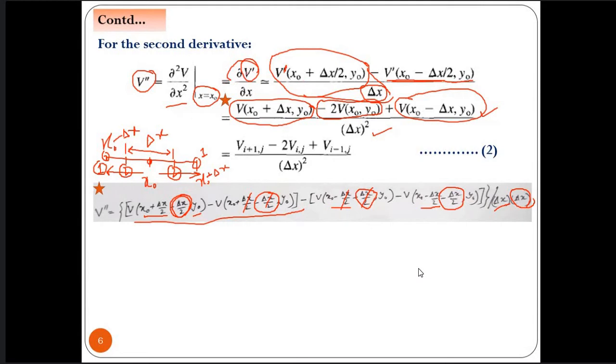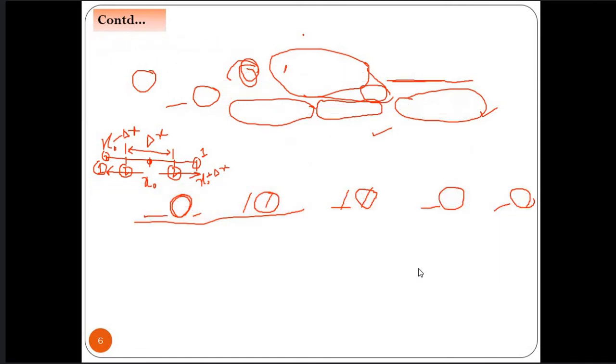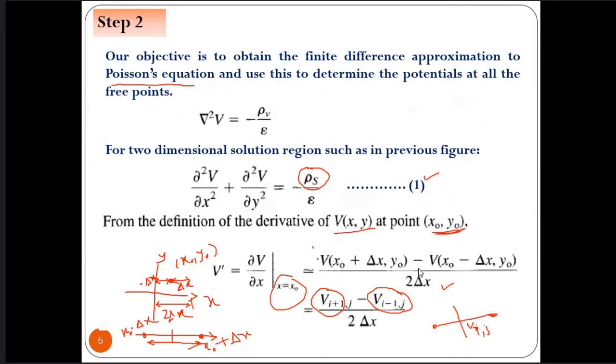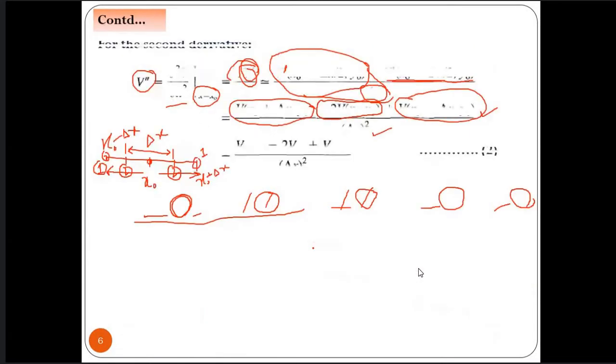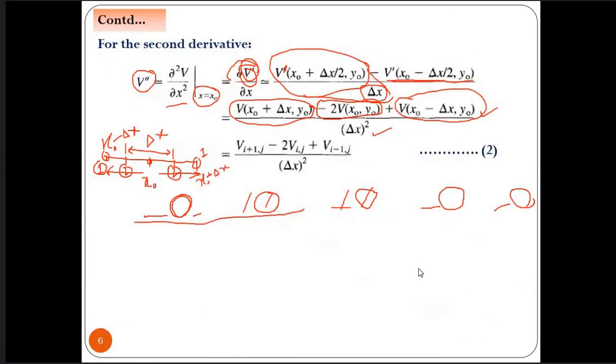So you are derivating the v dash, the equation of v dash is this one. You see, I did not write it at this point as v of x0 plus del x. Instead of v of x0 plus del x, I have written v dash.